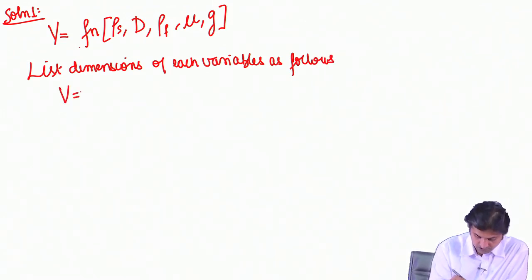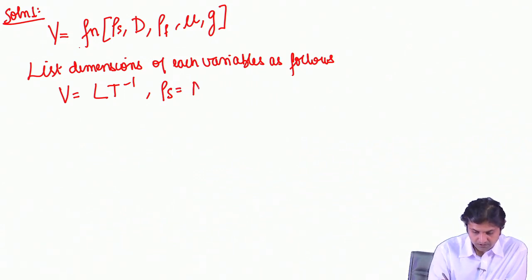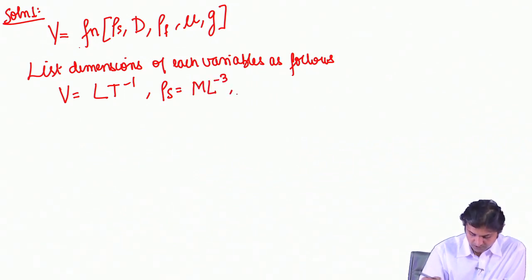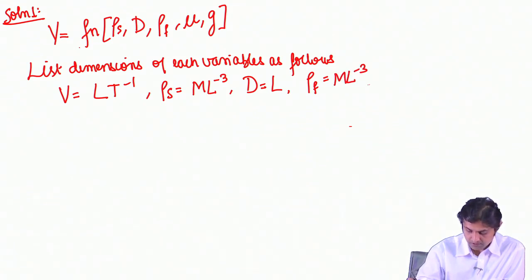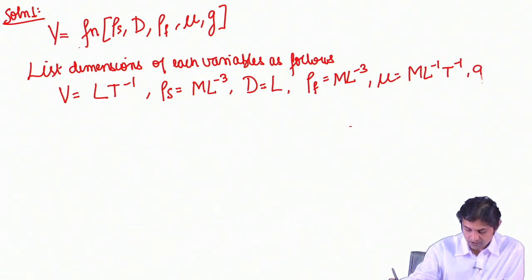So, v is written as LT minus 1, rho s will be written as ML minus 3. I will do it very slowly so that you are able to follow. Diameter has a dimension of L, rho f will have the same dimension, ML minus 3, mu will have the dimension ML minus 1 T minus 1, and g will have LT minus 2.